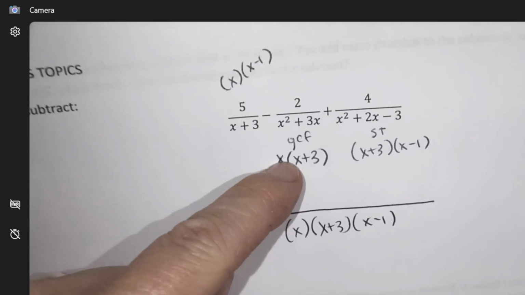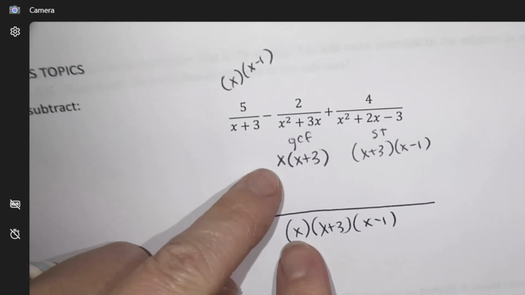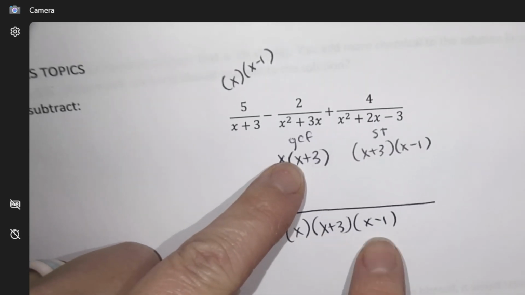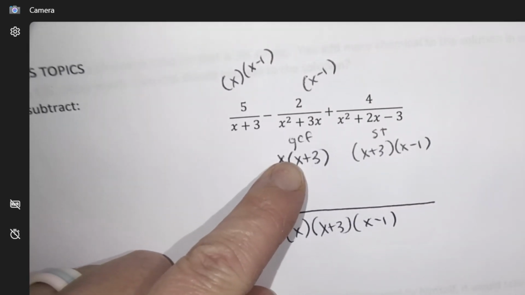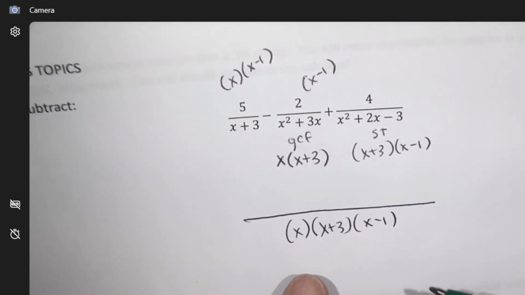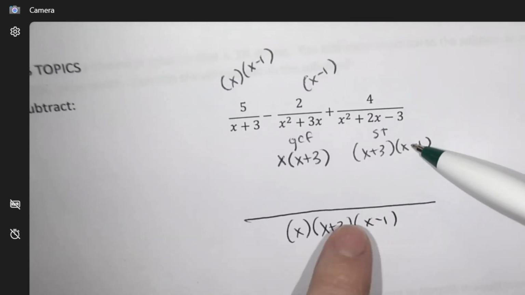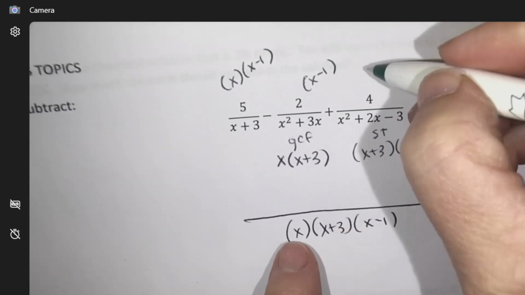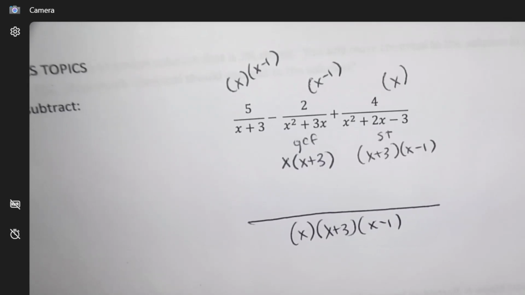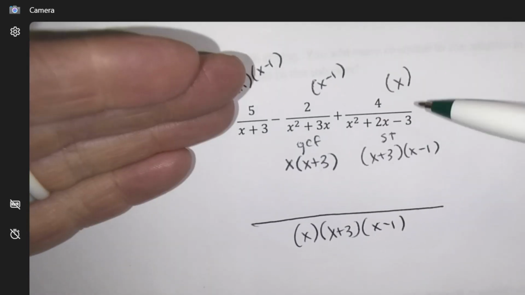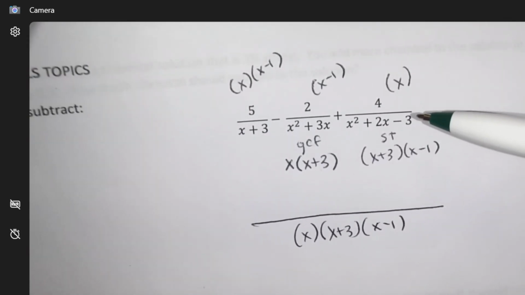The second fraction had that and that, so the change was x minus 1. The third fraction, the change to this one was the x. Okay? So common denominator, and then this is what you did to each fraction.